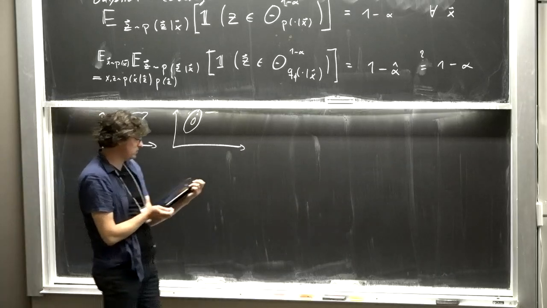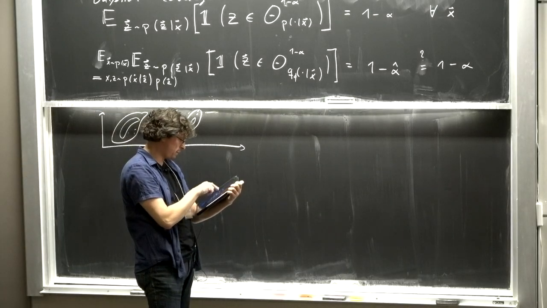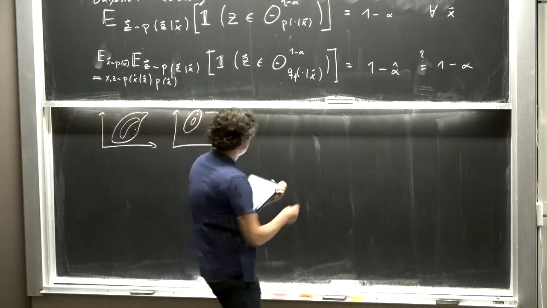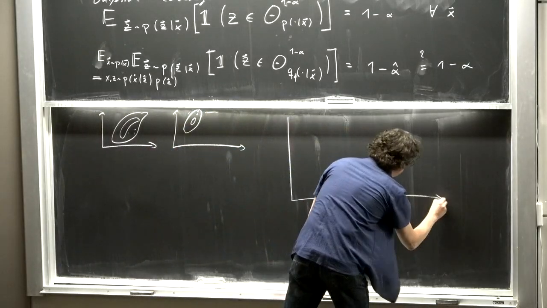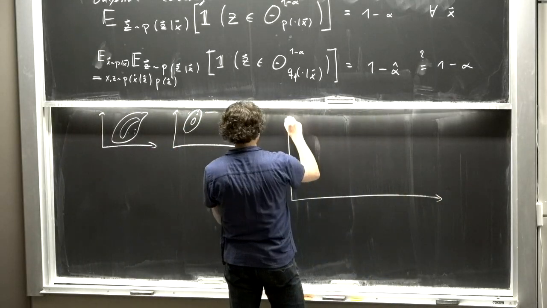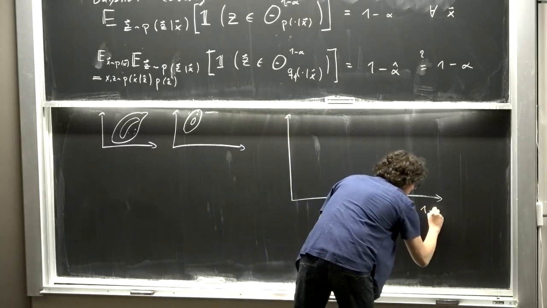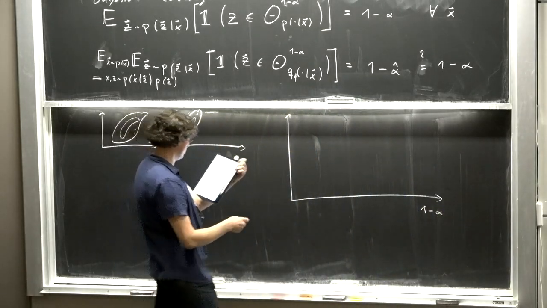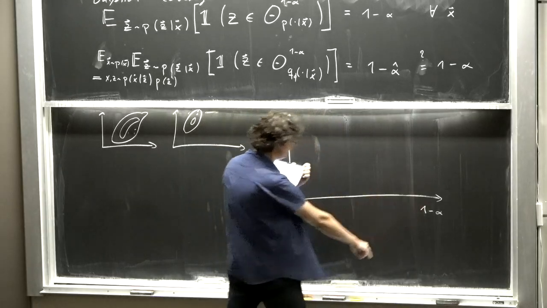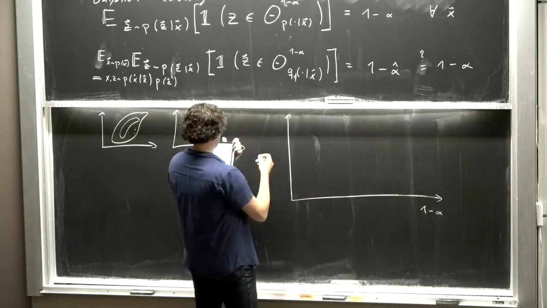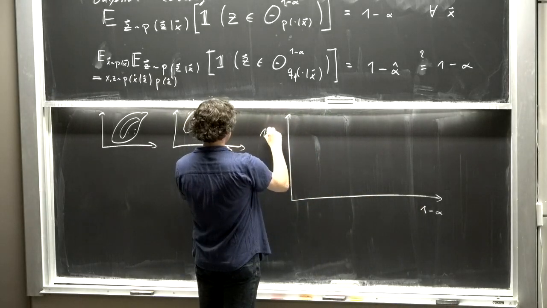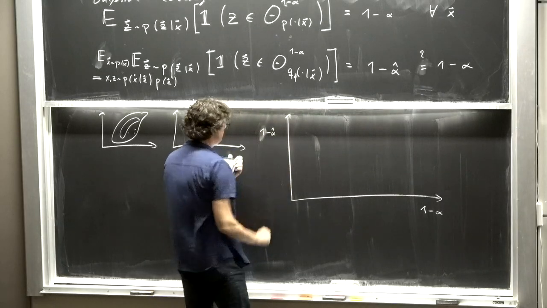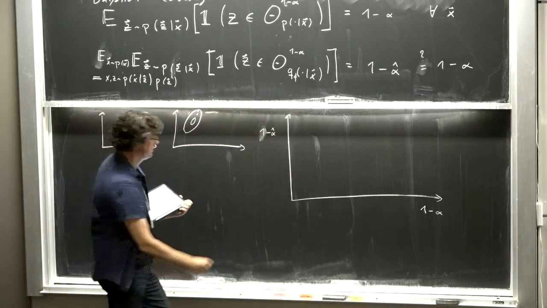And then what you can do is make a plot, which kind of looks like this. On that side we have the nominal, on this side the nominal coverage or credibility level, and on that side we have the actual coverage.